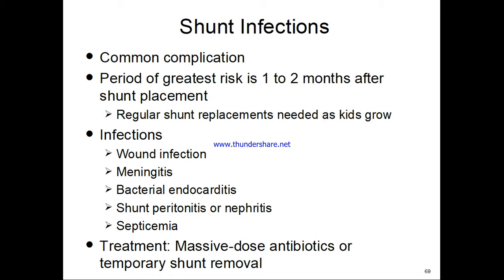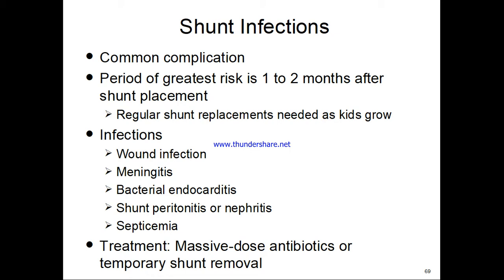So the most common complication with shunt placement is a shunt infection. Cerebrospinal fluid is full of glucose, and bacteria loves to grow with glucose. The period of greatest risk for infection is 1 to 2 months after shunt placement.